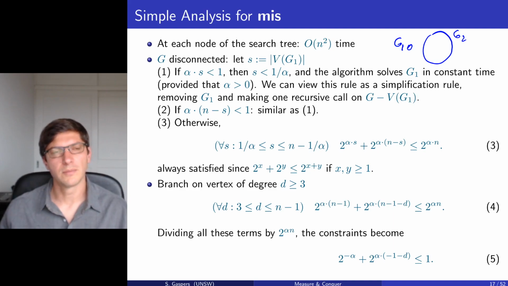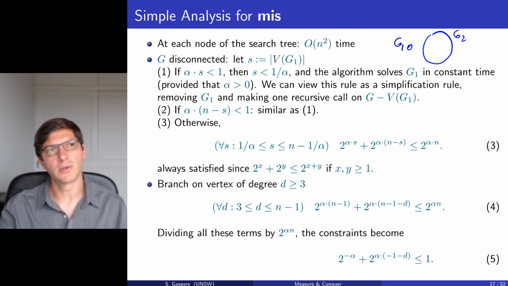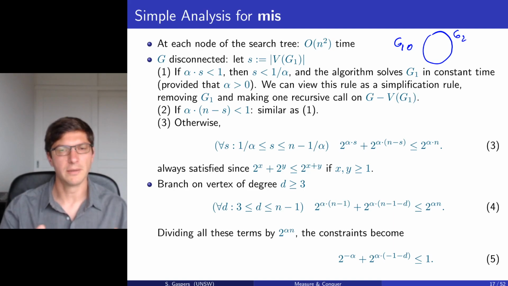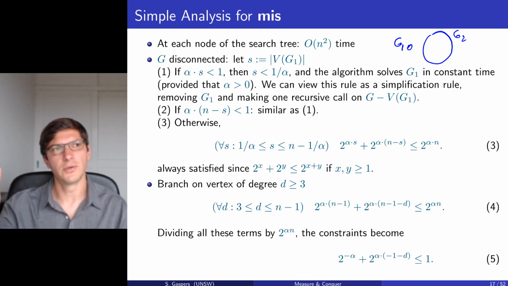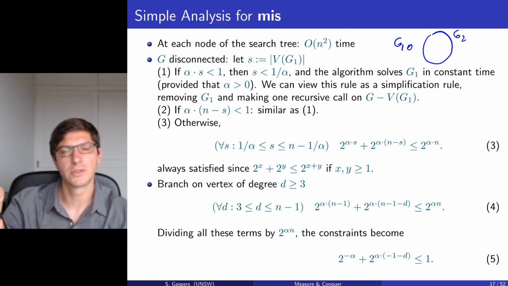This is because when we do the recursive call that solves G1, if G1 has a constant number of vertices, then the algorithm needs a constant amount of time to solve G1. So instead of viewing this as a branch where we solve G1, we can just incorporate this computation into our node of the search tree.